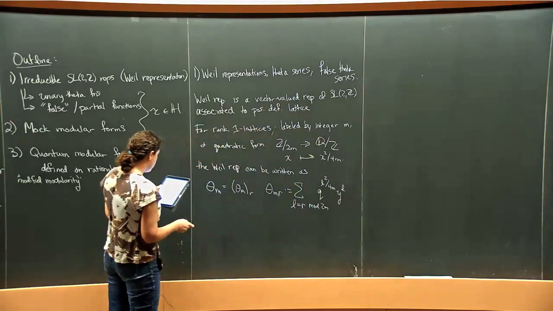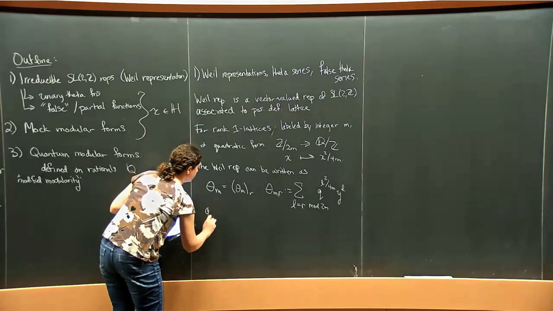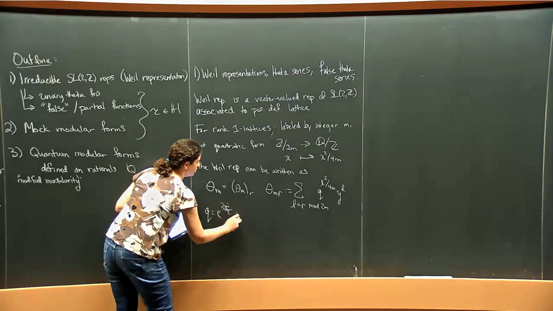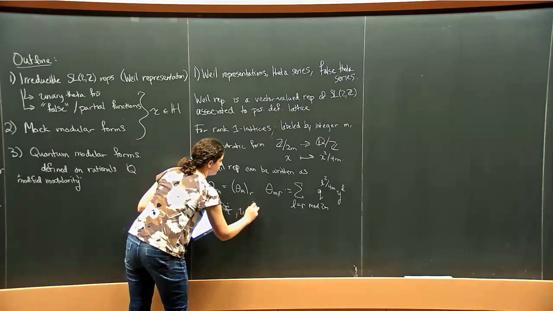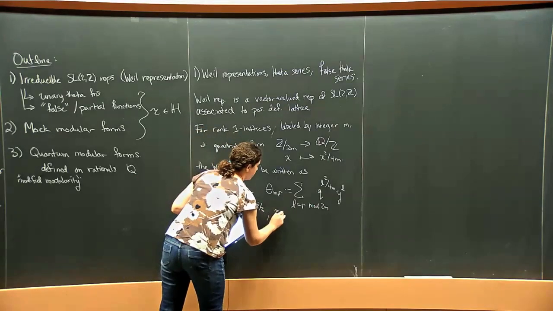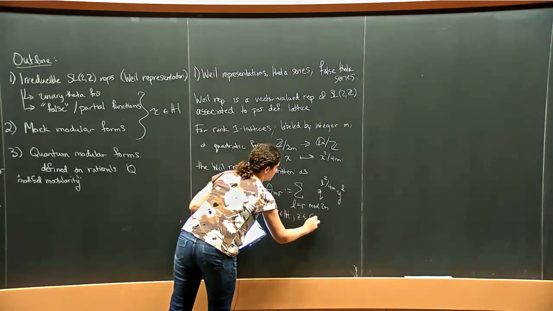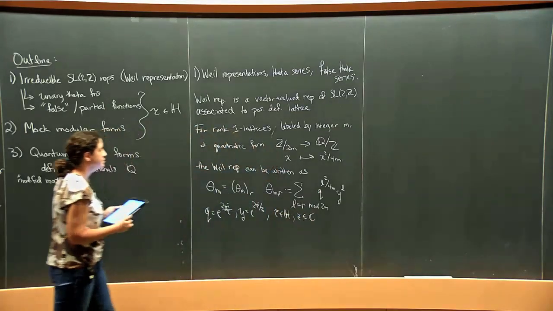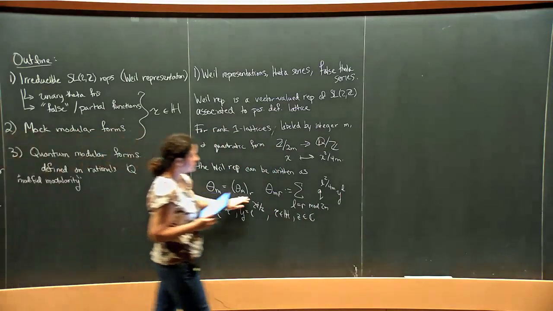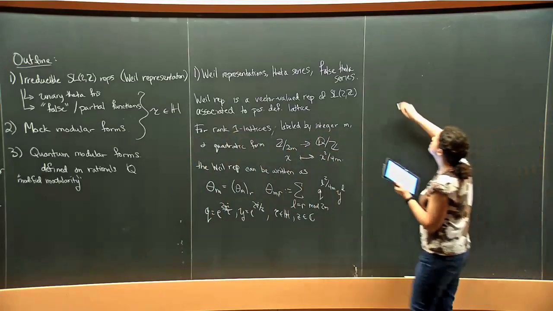Here we let q equals e to the 2 pi i tau, y equals e to the 2 pi i z, tau be in the upper half plane, and z a complex number. And these functions have nice modular transformation properties.